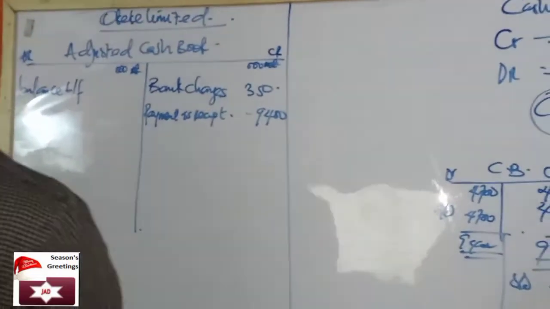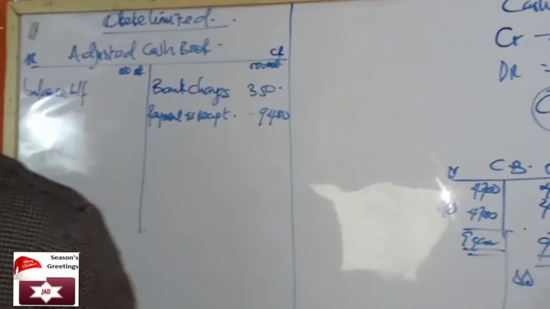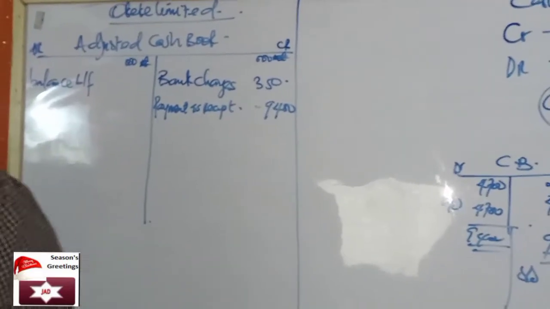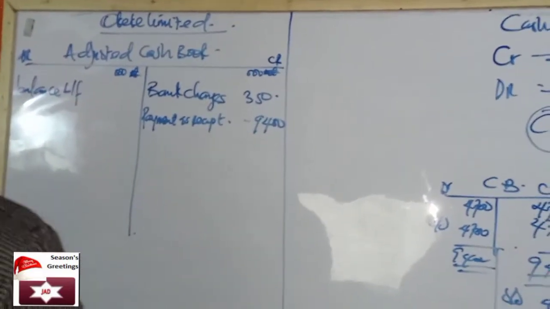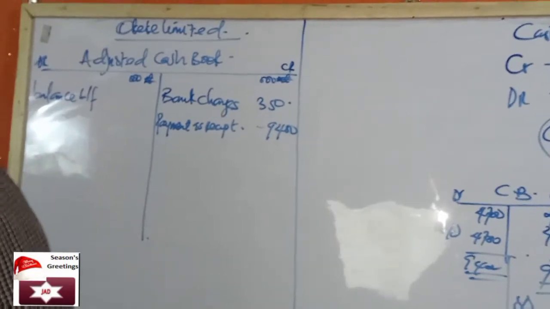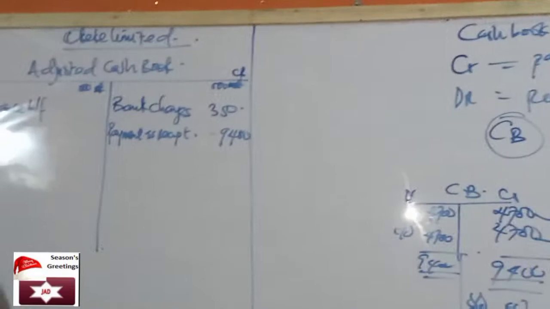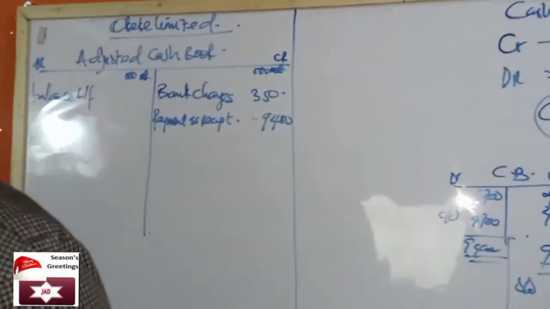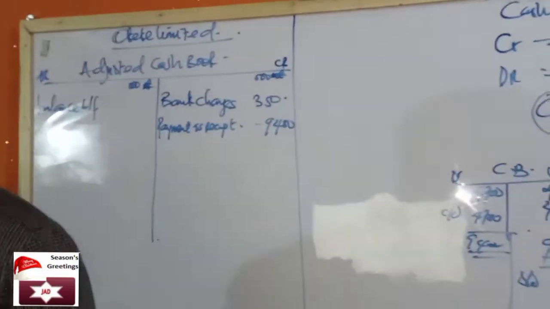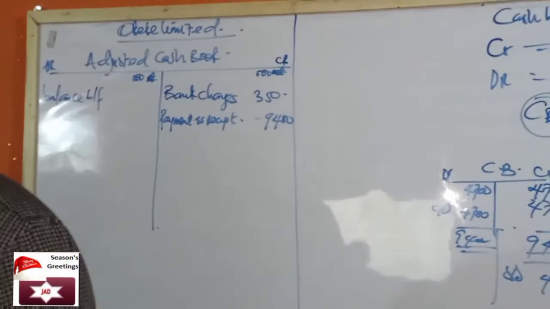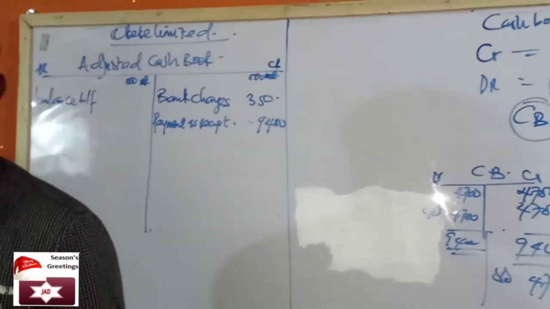A check for 1,800,000 has been returned by the bank marked refer to drawer, but has not been written back in the cash book.